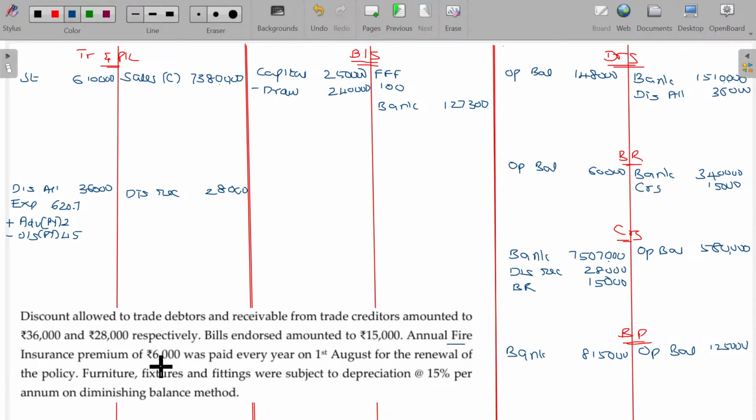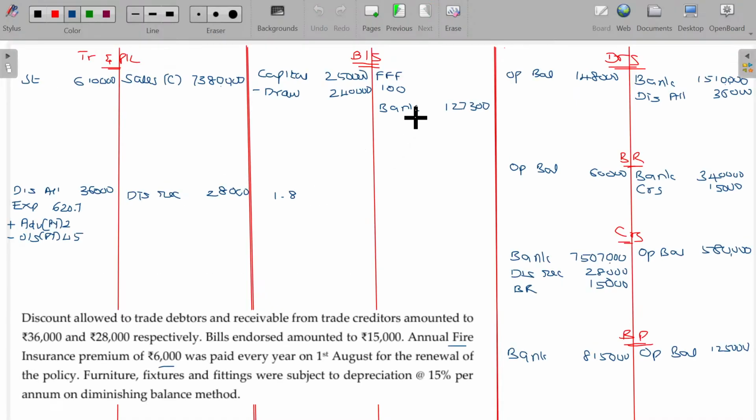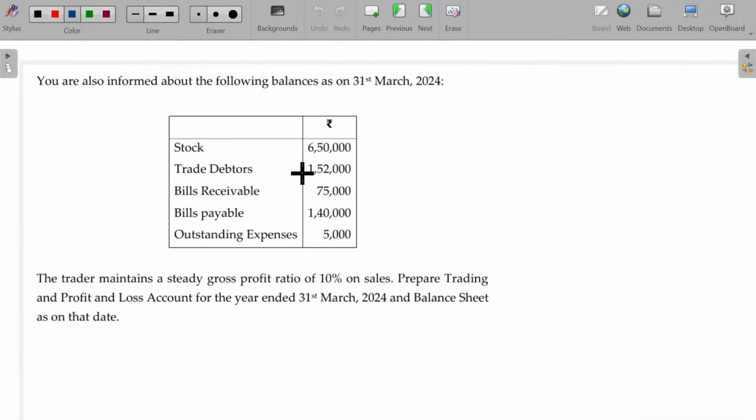Then, annual fire insurance premium of 6,000 was paid every year on 1st August for the renewal of the policy. Annual insurance premium 6,000 payable on 1st August. Actually, the year ends in March. What's the year beginning?